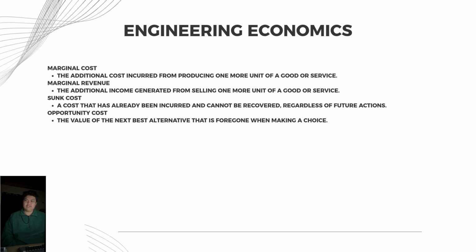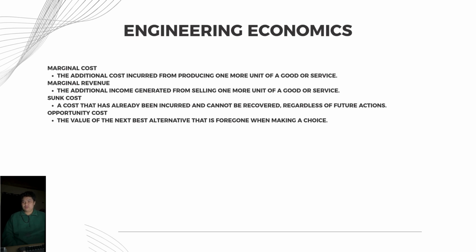Marginal revenue is the additional income generated from selling one more unit of a good or a service. Sunk cost is a cost that has already been incurred and cannot be recovered regardless of future actions. Opportunity cost is the value of the next best alternative that is foregone when making a choice.